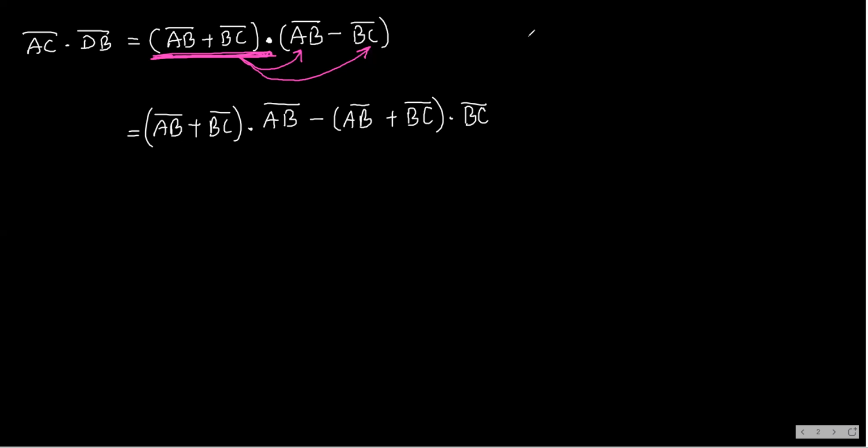Now the distribution will be from the right. So here we have dot AB bar. It is distributed this way, and here dot BC bar. It is distributed like this. Okay.